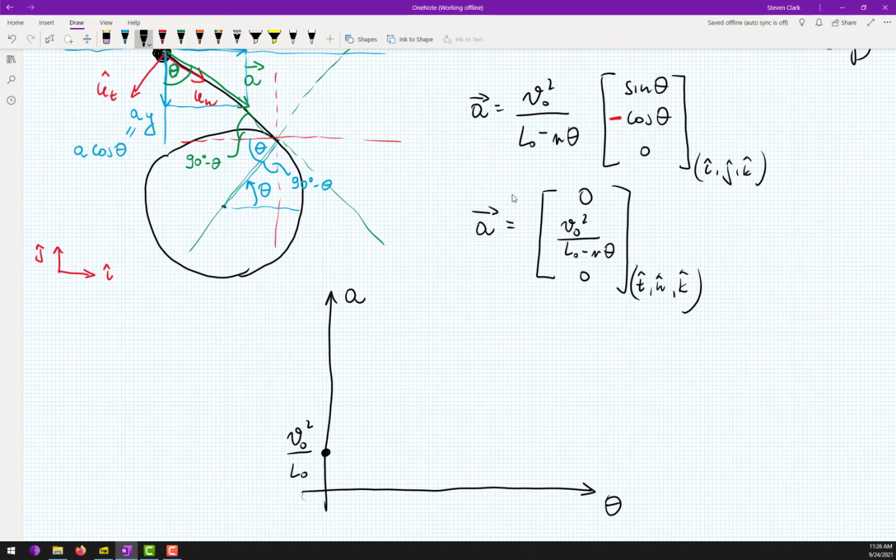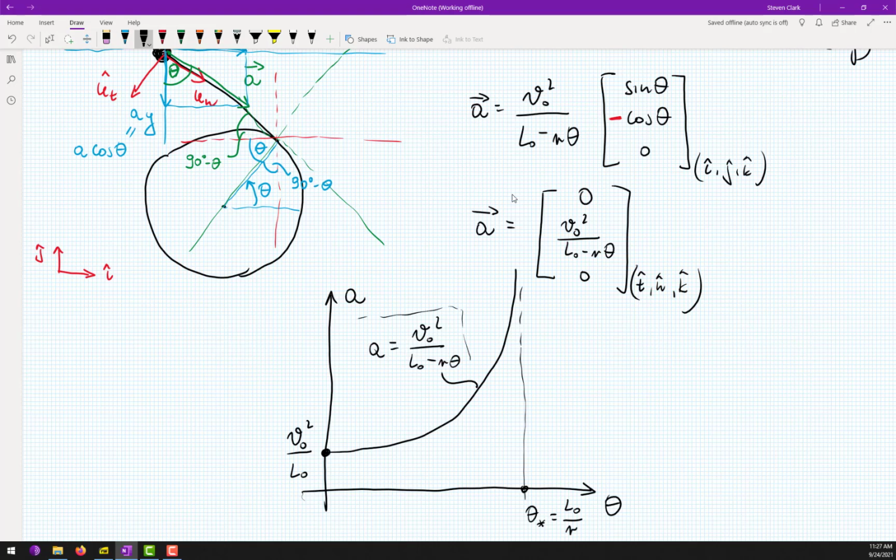Yep, and this is a hyperbolic function, so it will have an asymptote here, and that asymptote will be realized at theta star equals L0 over R. This is A equal to V0 squared over L0 minus R theta. This is that function. Okay, and this is heat, by the way. This is where heat occurs at this angle. Okay, any questions?